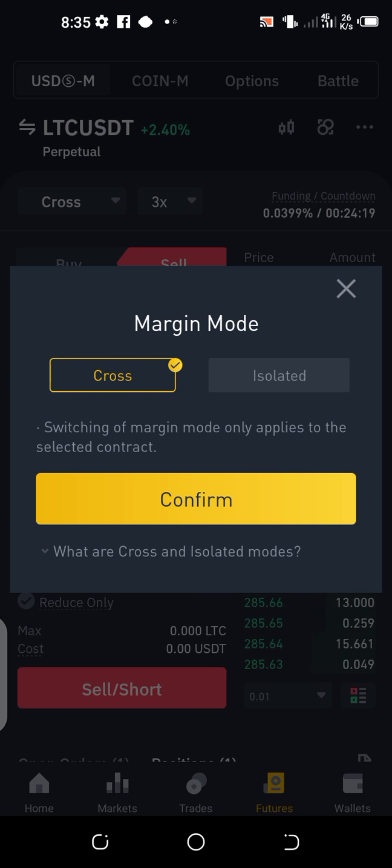They can still fund your account more and your liquidation price will go down. The isolated is different. Once you are at minus 100%, once it hits your liquidation price, your account will be cleared and you have to start all over again.